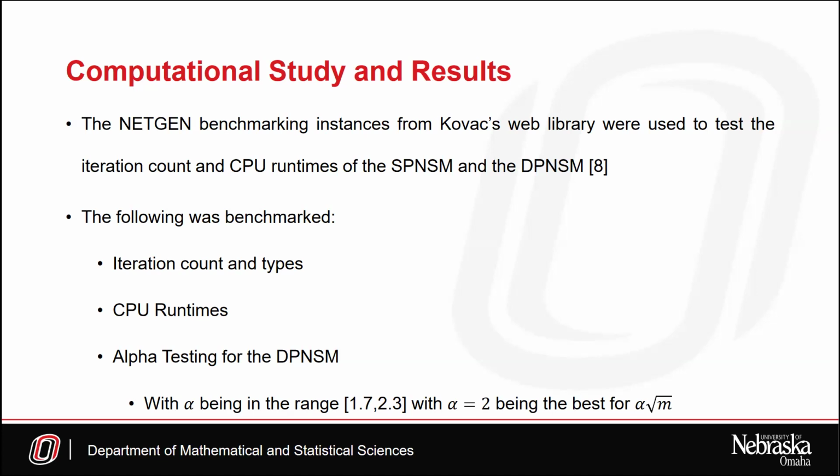Through extensive testing, I found that any value for alpha between 1.7 and 2.3, with alpha at the median being 2, was the best for the double pivoting method, where alpha is multiplied by the square root of m. So 2 times the square root of m, where m is the number of arcs in the problem, was the best for the double pivoting method.